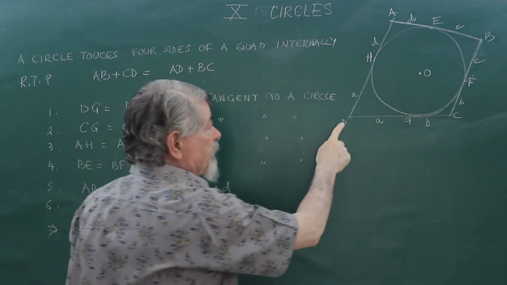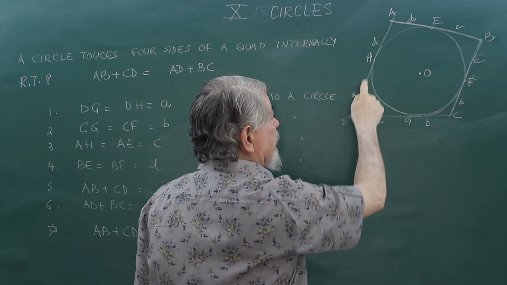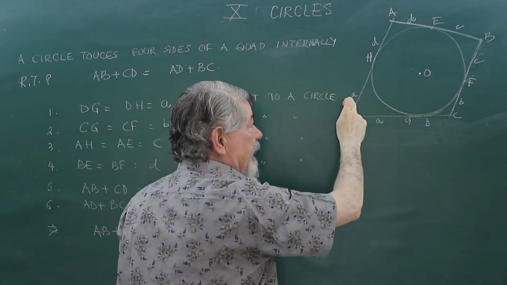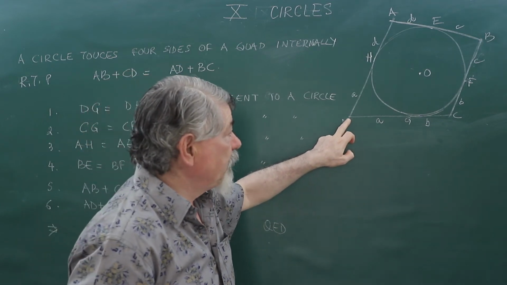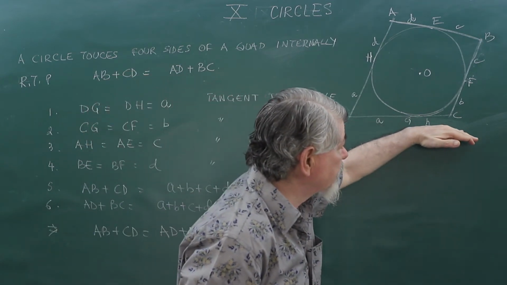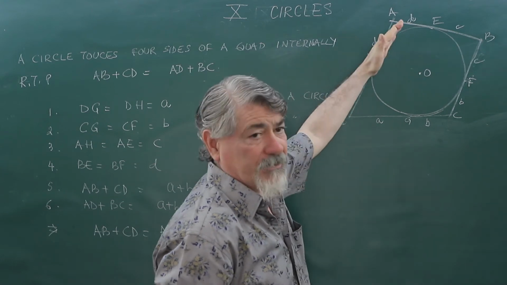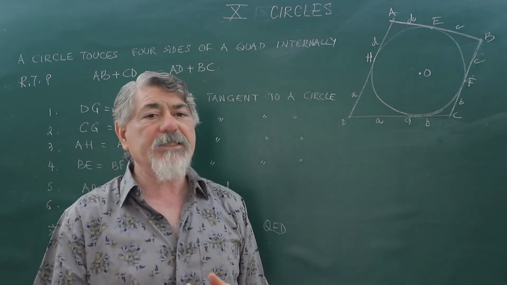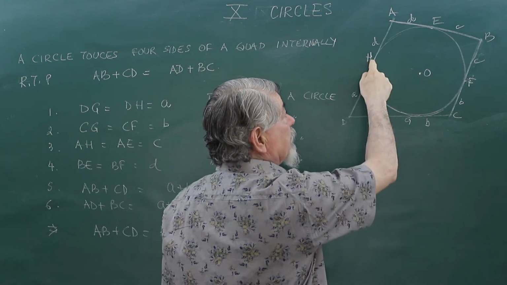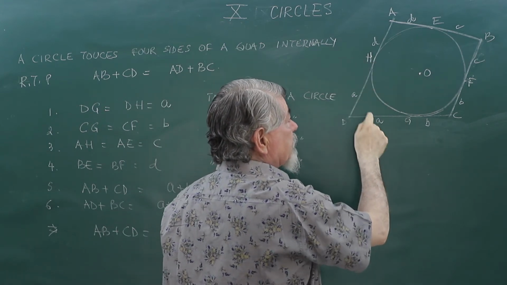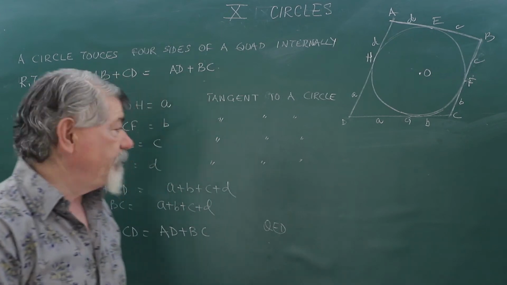DG is equal to DH, which is A, because D is an external point. From this point D, I have drawn tangents to this circle, so the lengths of the tangents will be equal. That means DG will be equal to DH, and I have assumed this length to be A for convenience.